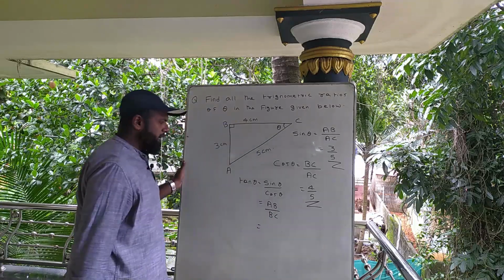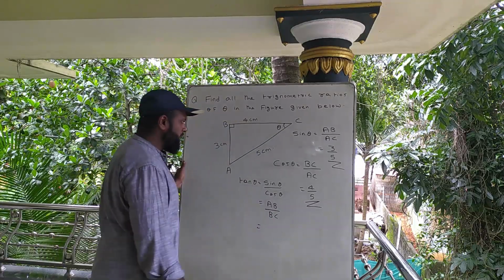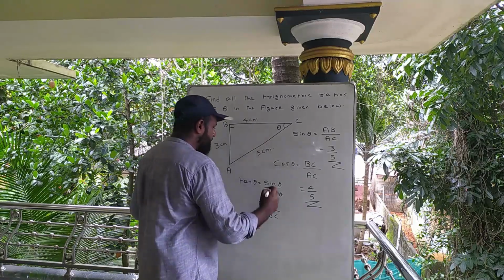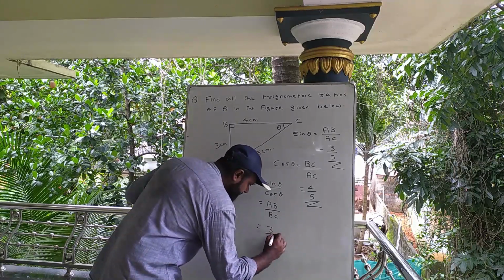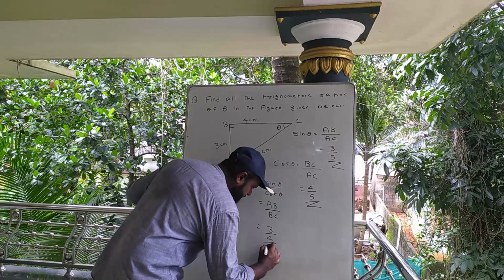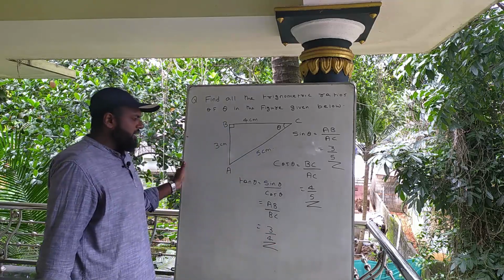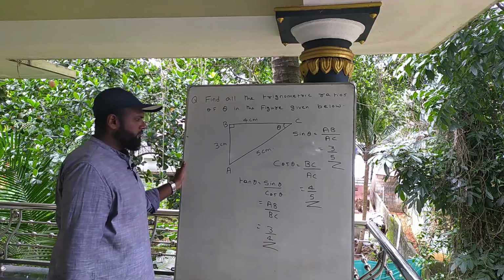What is AB by BC? AB by BC equal to 3 by 4. So, we got tan theta as 3 by 4.